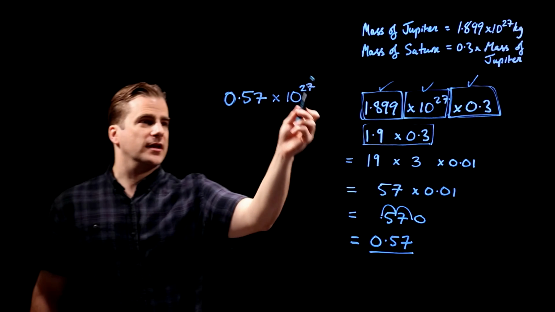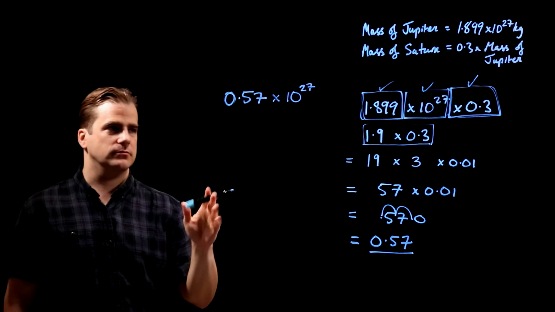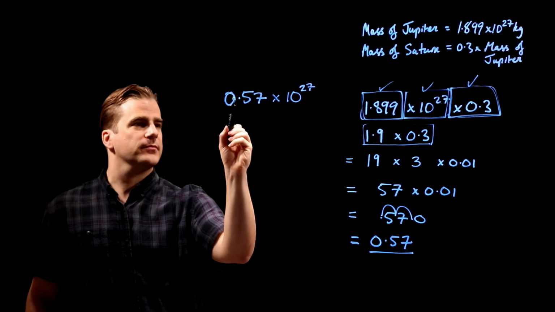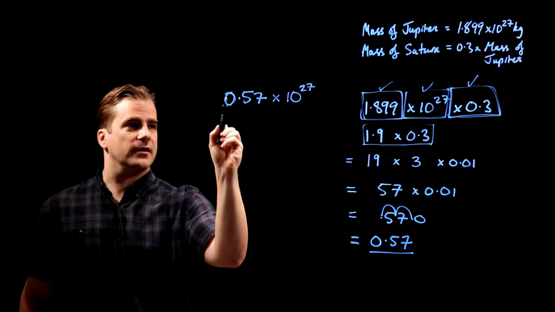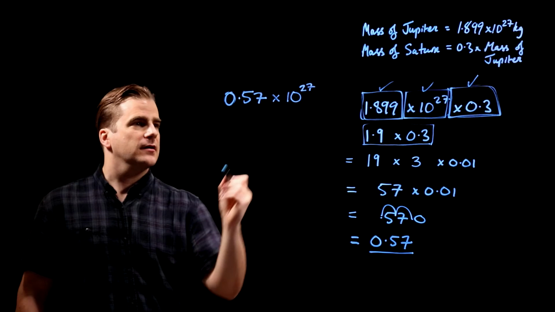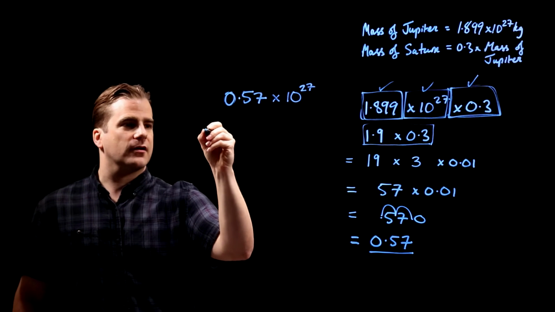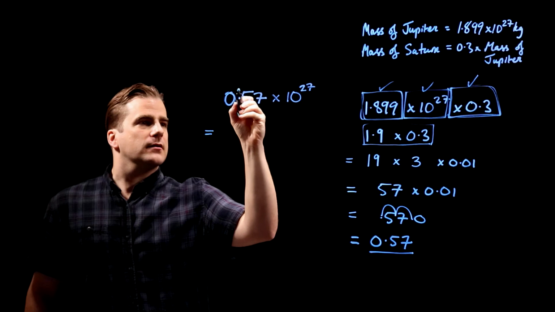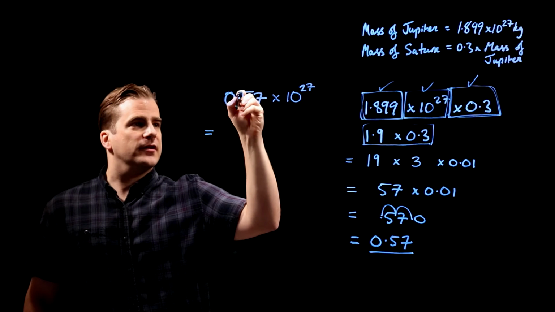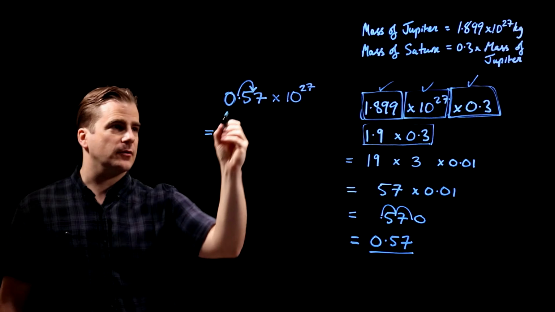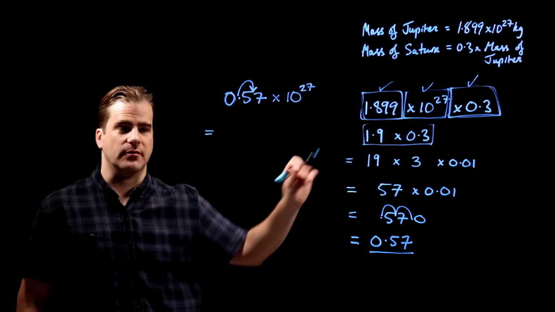Right, so we've got it in standard form, sort of. I say sort of because in standard form you don't start with a 0 point something, it has to be a number point something. So we have to rewrite this to get our final answer. We're going to move the decimal from here one position that way, because then it will be 5.7 times something.